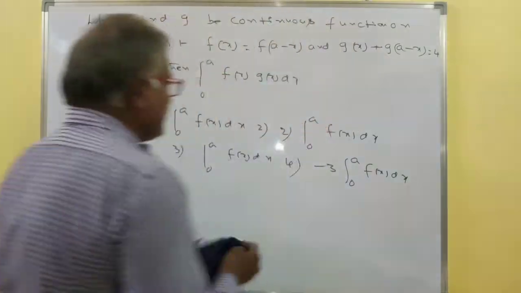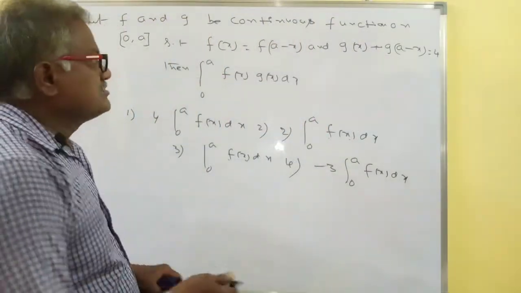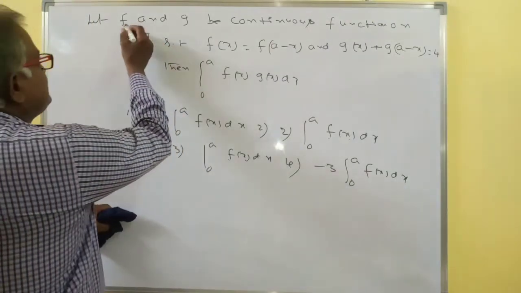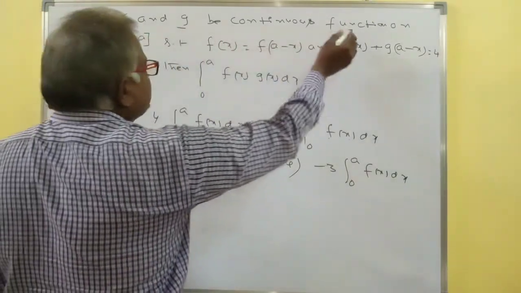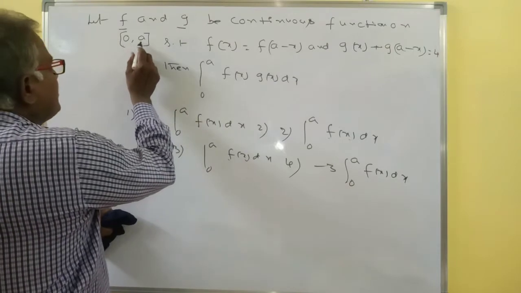Okay. So first of all, you see here f and g are continuous functions on 0 comma a.